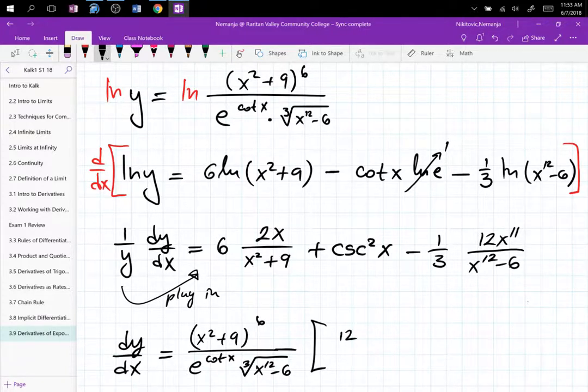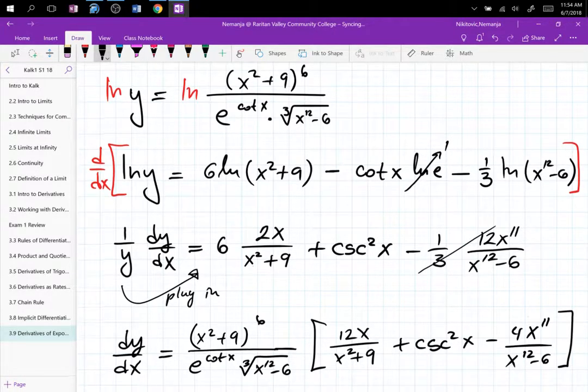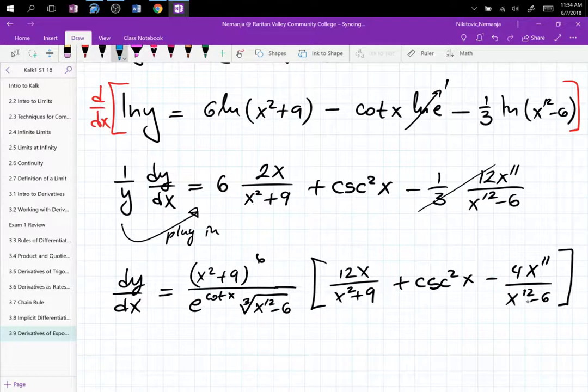I have 12x over x squared plus 9 plus cosecant squared x, and then 1/3 and 12 cancel, minus 4x to the 11 divided by x to the 12 minus 6. There's your derivative. Guess what? You can find the tangent line from here.